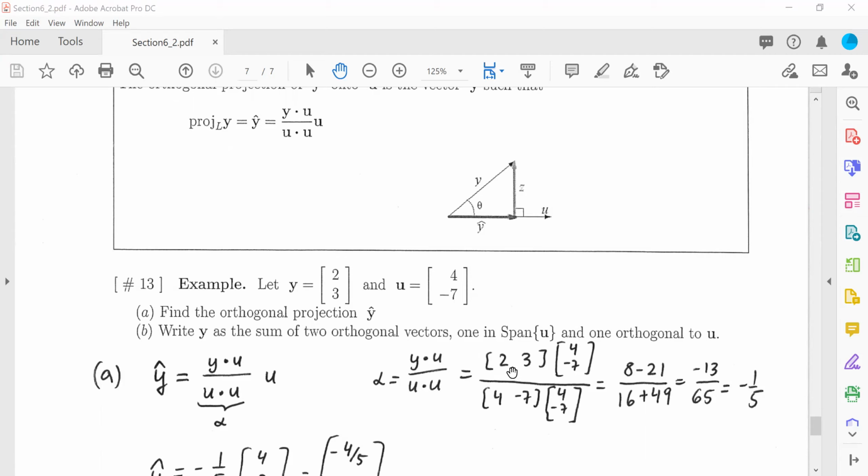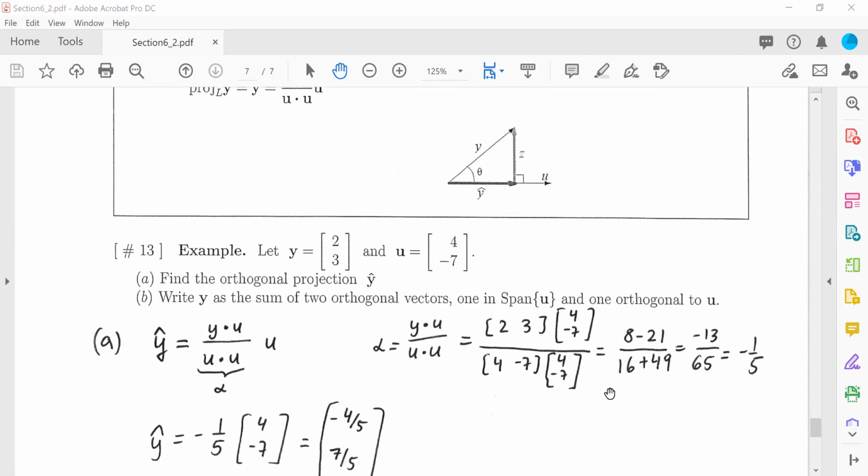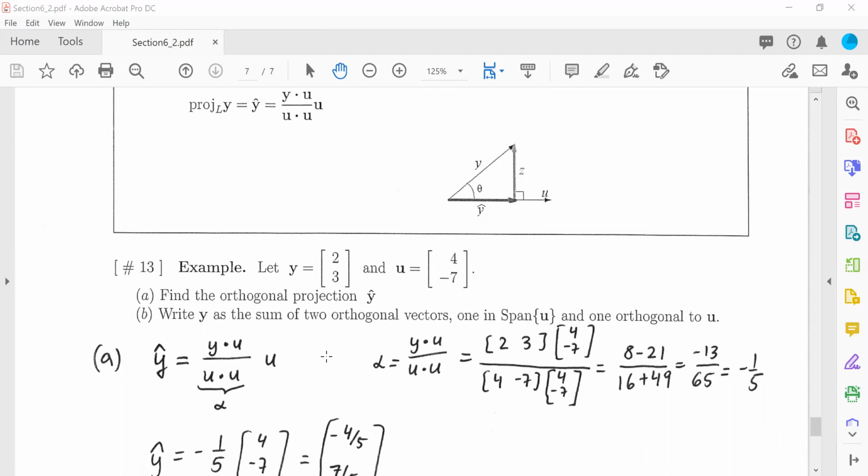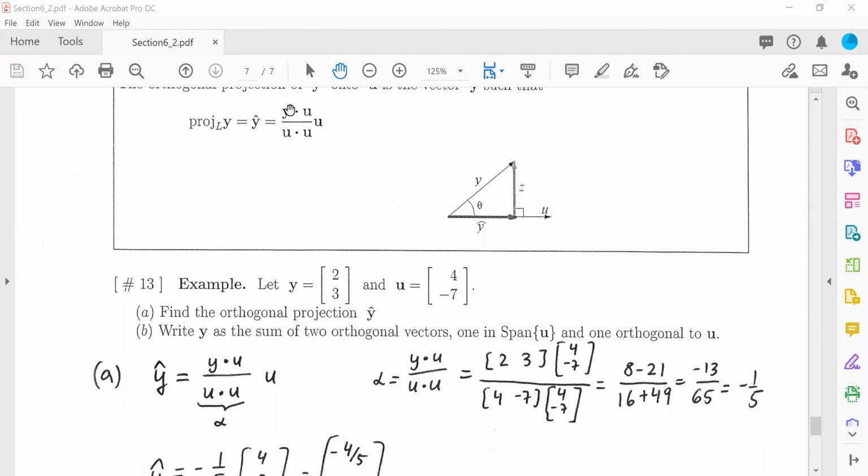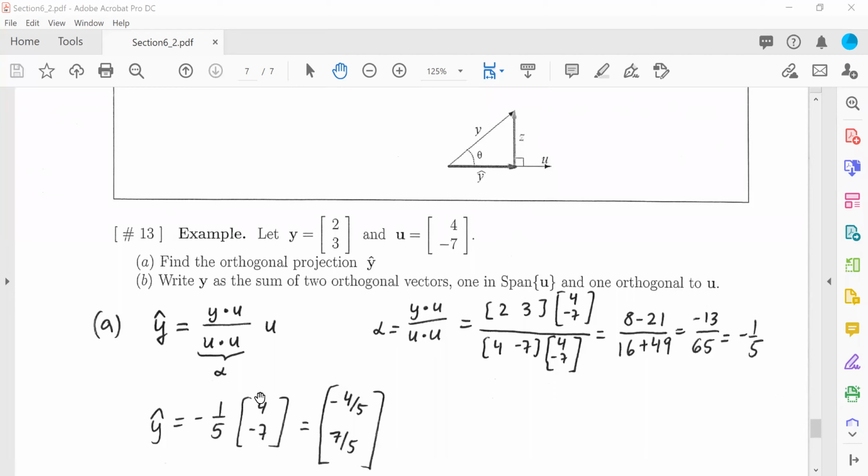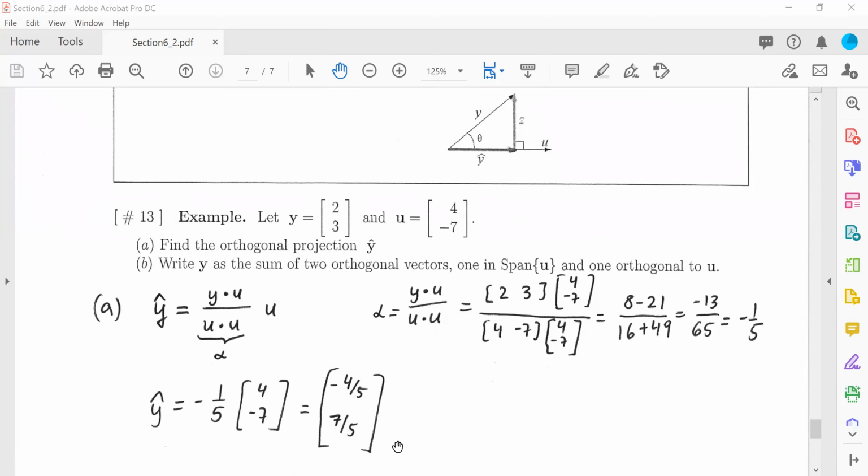Perform the calculation: 2 times 4 is 8, plus 3 times minus 7 is negative 21, and the same way for the denominator. So this is the scalar, negative 1/5. So the projection is the scalar times the vector u. So I have negative 1/5 times this vector, and that's my projection vector. So y hat is my projection.